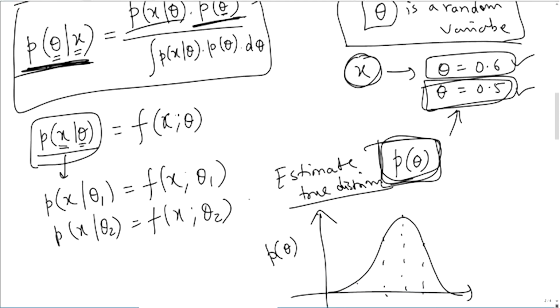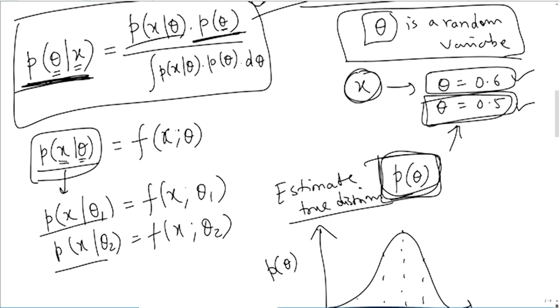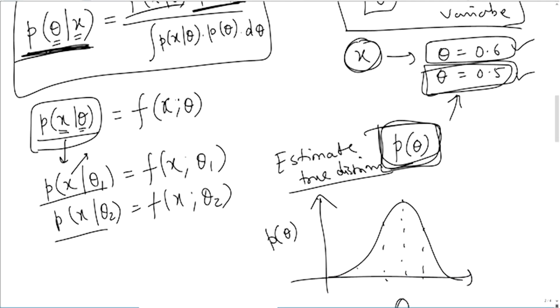So you are calculating this quantity for different values of theta, because the data is fixed and known, so the data does not vary. The value of the random variable x is known and fixed.